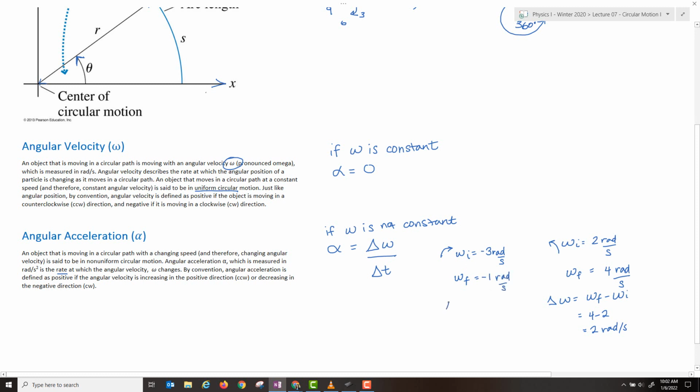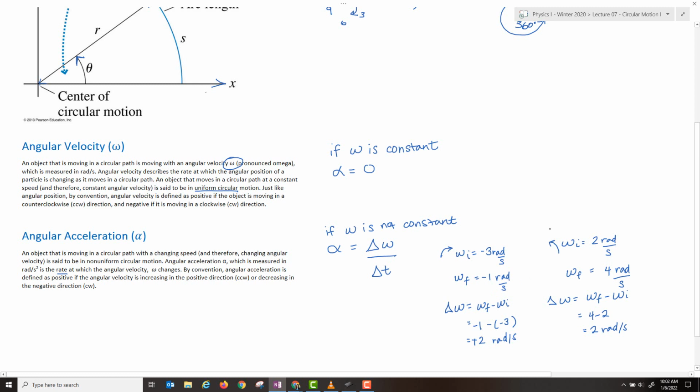The change in omega is still omega final minus omega initial: negative 1 minus negative 3 is like saying negative 1 plus 3, which is 2 rads per second. Notice it's positive.